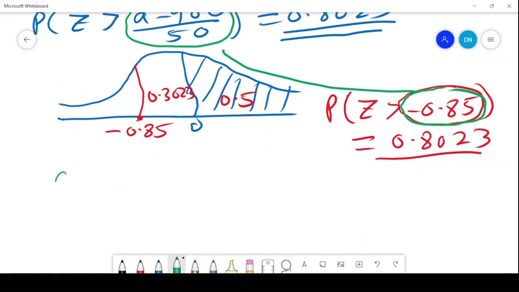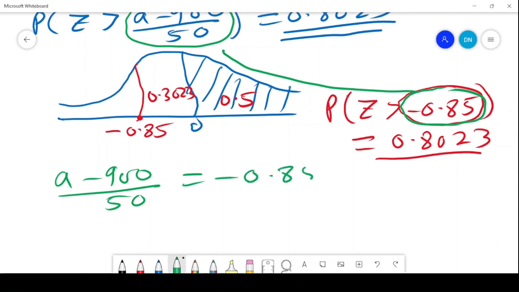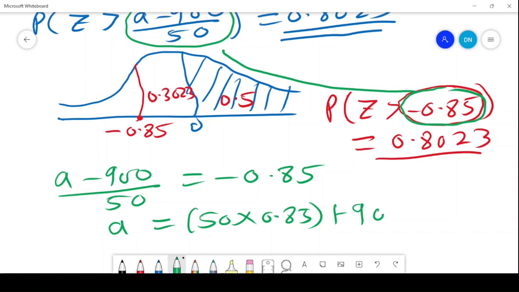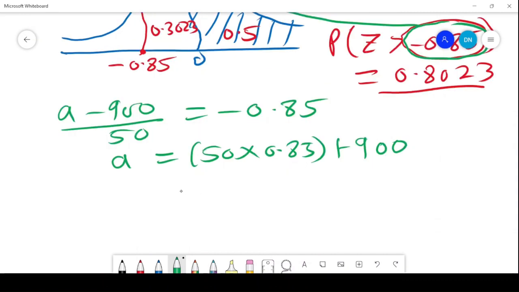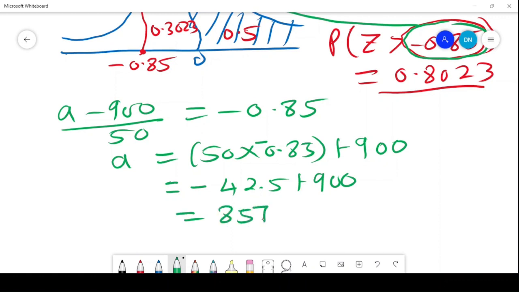I can say a minus 900 all over 50 is equals to negative 0.85. Therefore, a is equals to 50 times 0.85 plus 900. This will be equals to, remember there is a negative, negative 42.5 plus 900, 857.5.